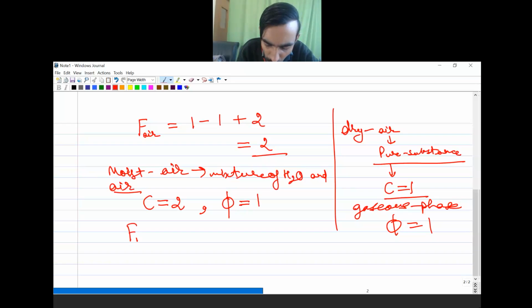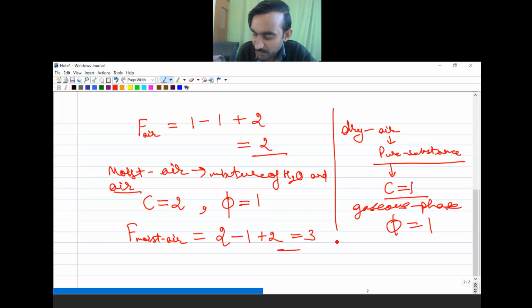For moist air, the degrees of freedom will be 2 minus 1 plus 2, which is 3.